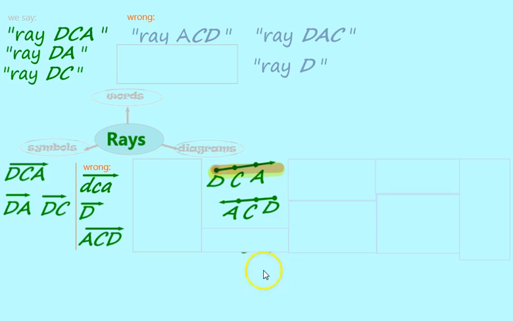Let's look at this situation. What do you think? Is it the same object as ray DCA? Yes, it is. The letters are going in the order DCA, where the endpoint starts at D and goes through C and A indefinitely.